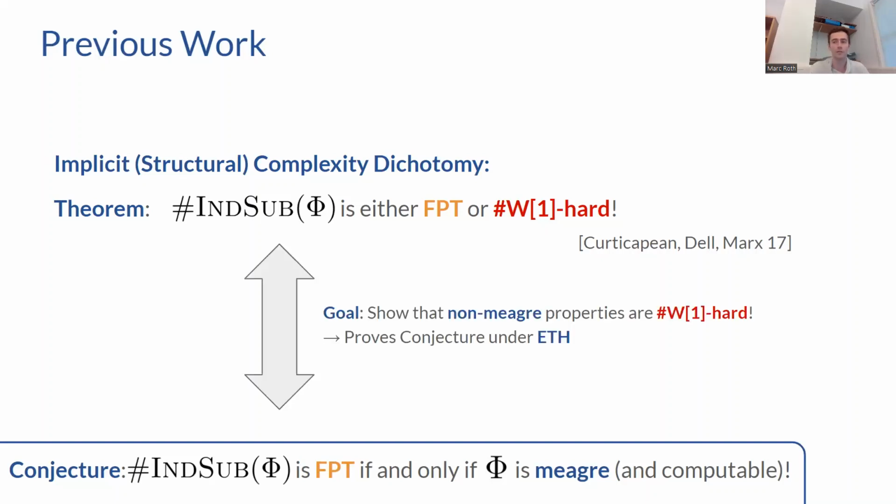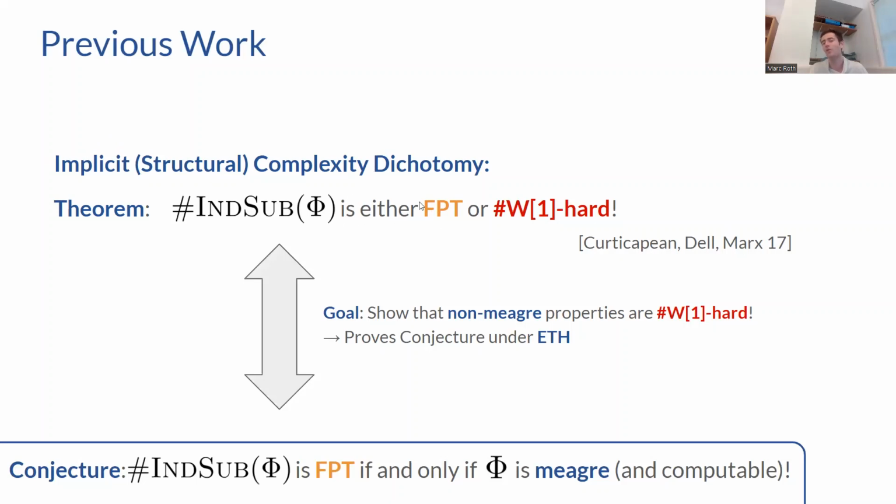And what we would like to do is to use this implicit dichotomy to prove that whenever we have a non-meager property, we are actually in the #W[1]-hard case. And then again, under ETH, this would prove the conjecture. Perhaps let me emphasize this once more when I say an implicit dichotomy here.